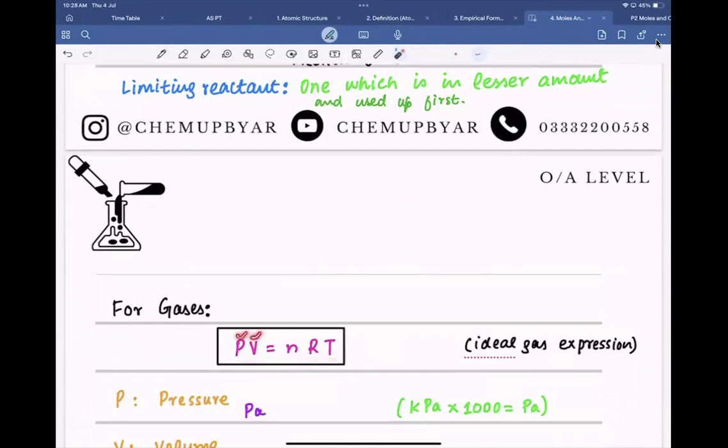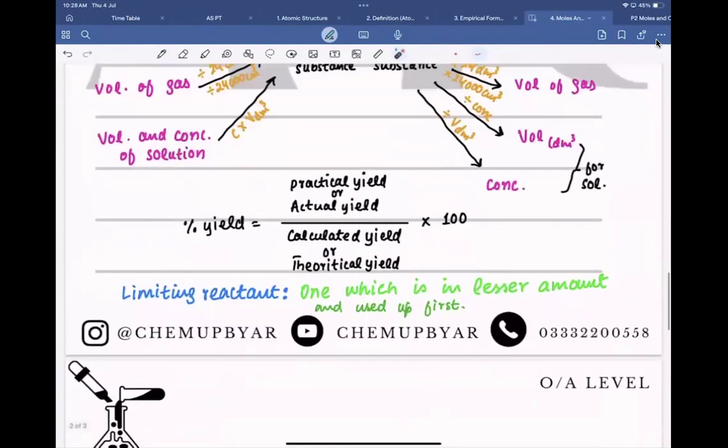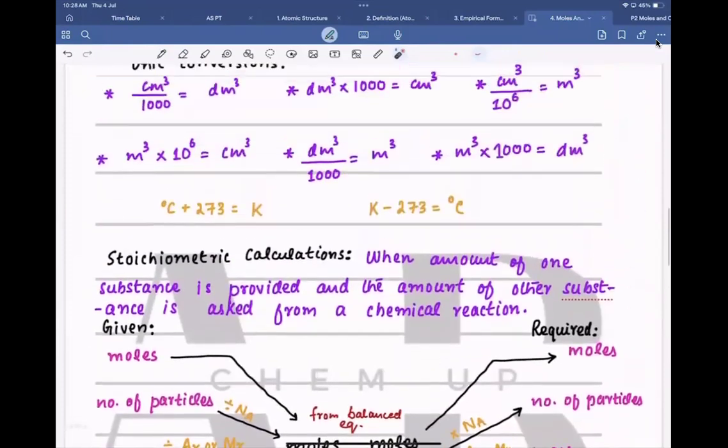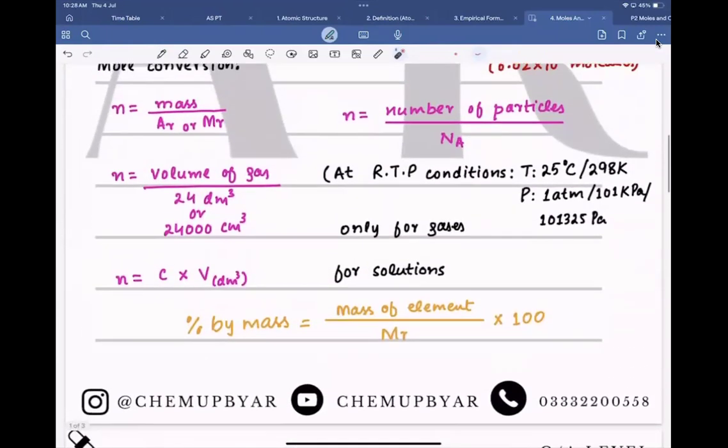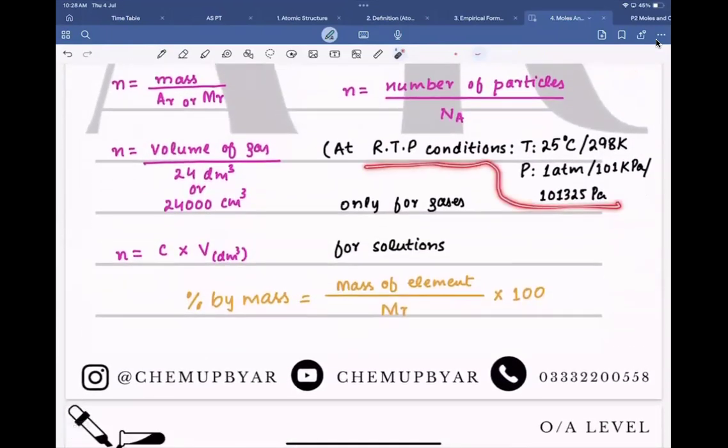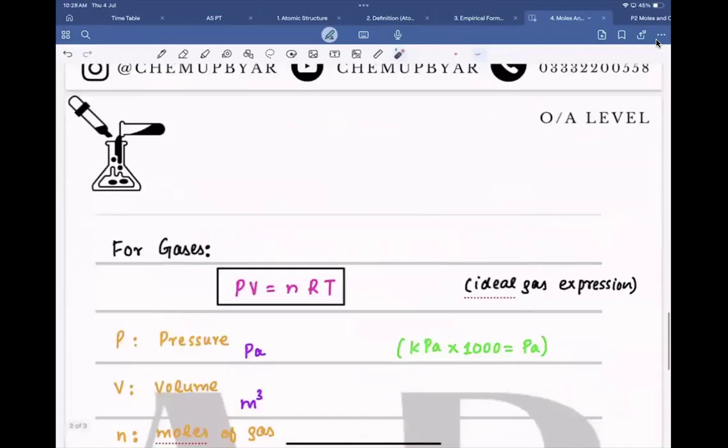If they give you any four of these five things and ask you to find the other, then you will use this expression. Normally this expression is used in non-standard conditions. If these conditions are not there, then we will use this expression.